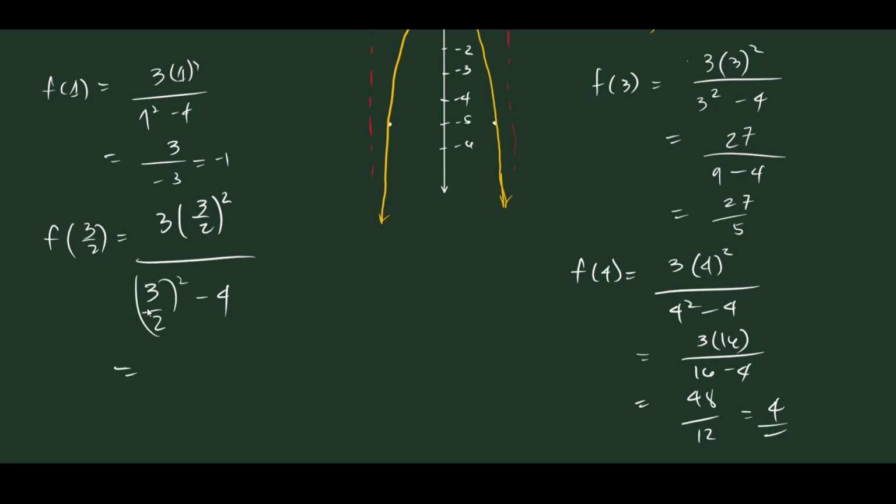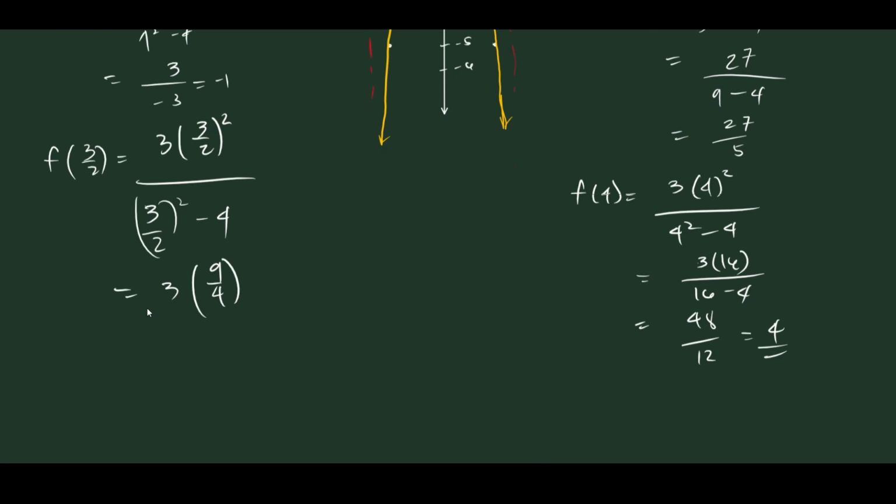So we will get 3 multiplied by 9 over 4, so this will be 27 over 4. Then we have 9 over 4 minus 4, so this would be 9 minus 16 over 4.